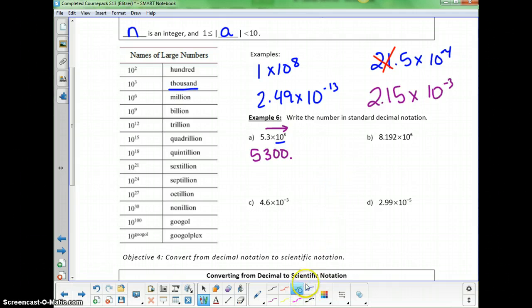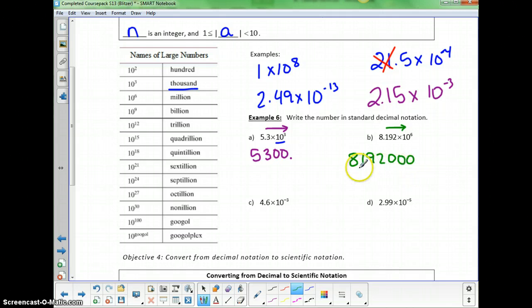Okay. And same thing on this one. We're going to move it 6 places to the right since it's a positive value for the exponent. The positive values are going to make this number larger, so they're going to go to the right. So this is going to be 8, which was already there, that doesn't count, and then 1, 2, 3 places, 4, 5, 6.